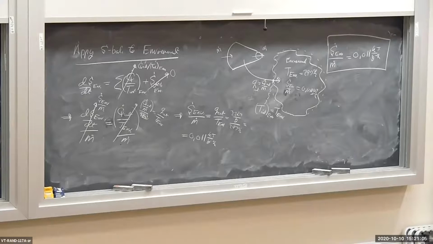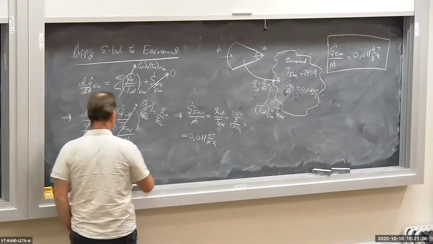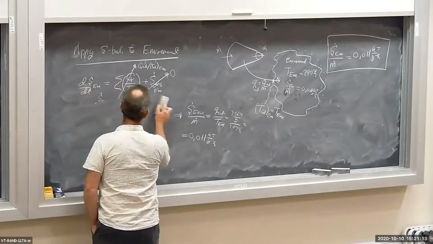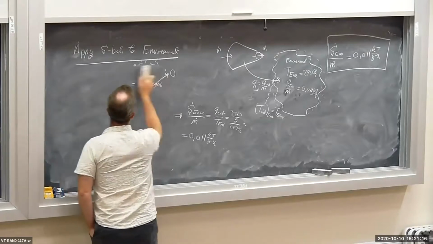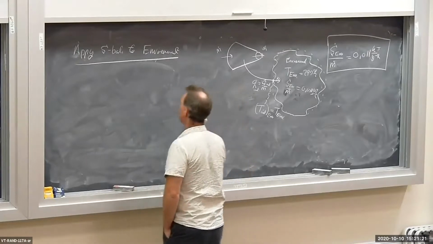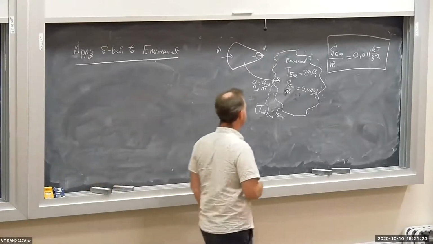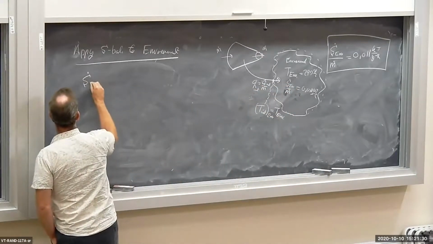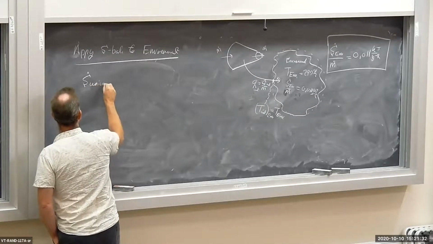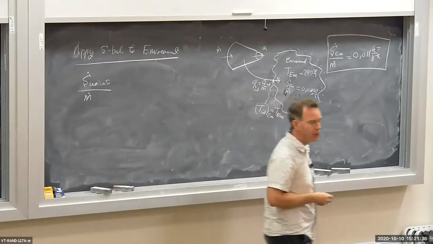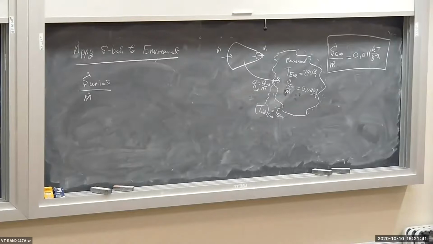Let's calculate the total change in entropy of the universe here. S dot universe over M dot for the air. Let's calculate the rate of entropy change in the universe.